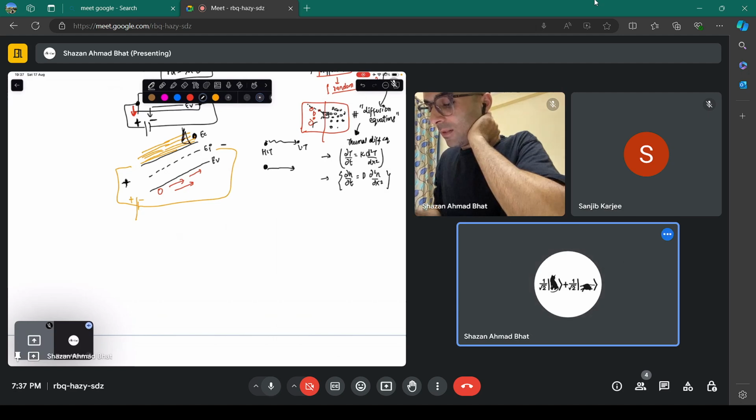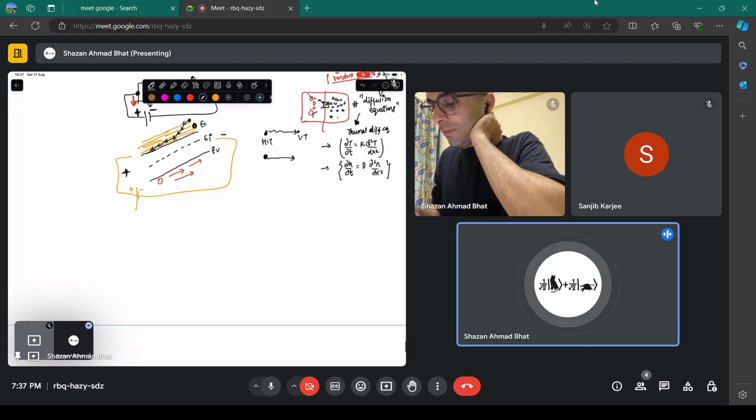So the electron goes here, then down, then there, then down, then here, then down. That's how the electron moves. A perfect picture would be something like this. The electron moves like this, then here, and this is how the electron moves.